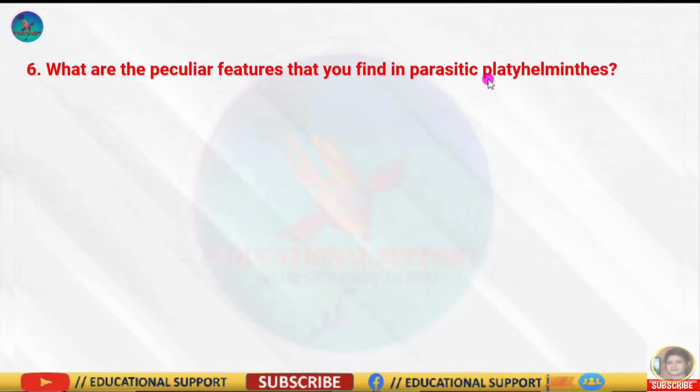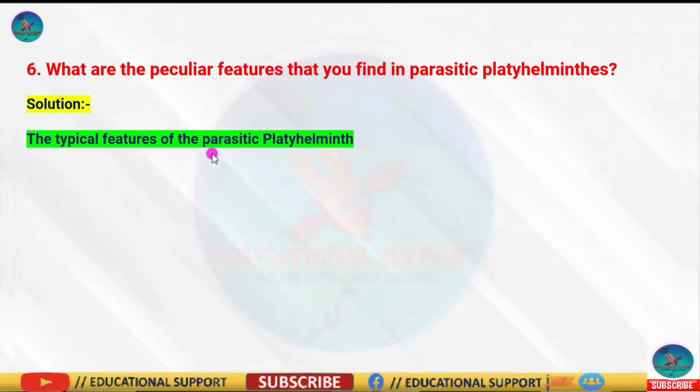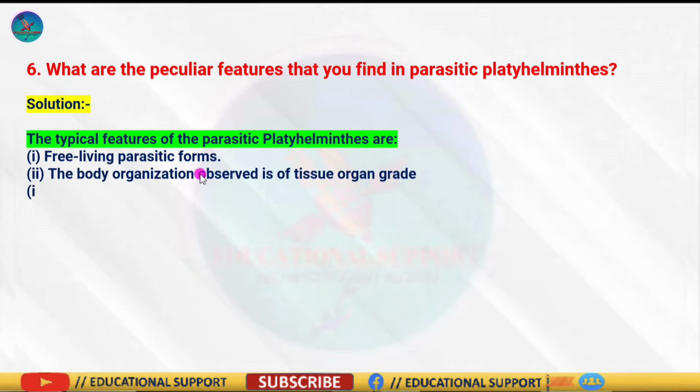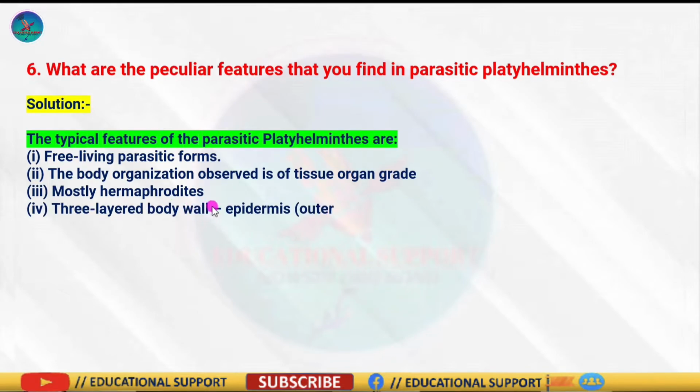Question number 6 is, what are the peculiar features that you find in parasitic platyhelminthes? So the peculiar features that are seen in parasitic platyhelminthes are as follows. The body of members belonging to phylum Platyhelminthes is covered by a thick natural covering, for example tegument, and it protects the animal from the action of digestive enzymes and antibodies of the host.